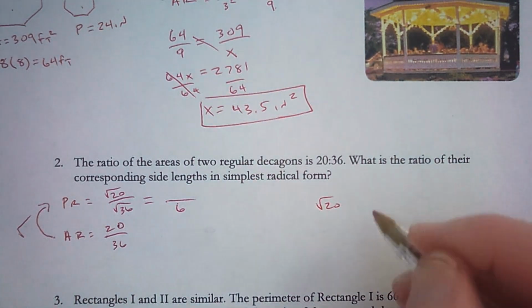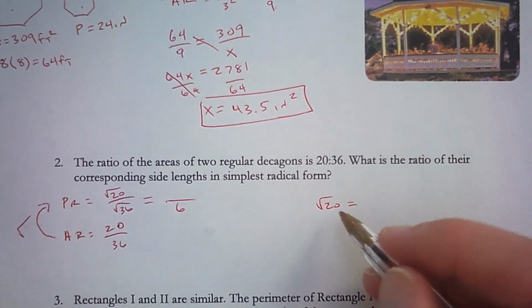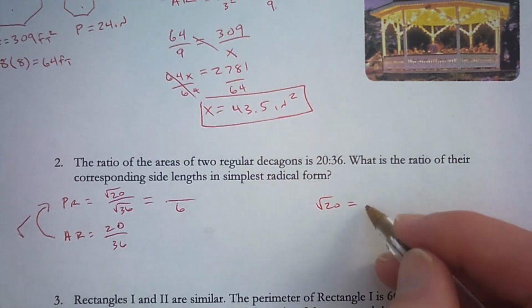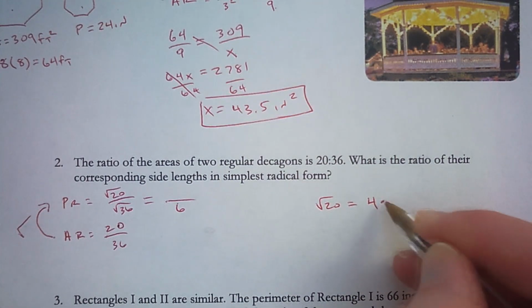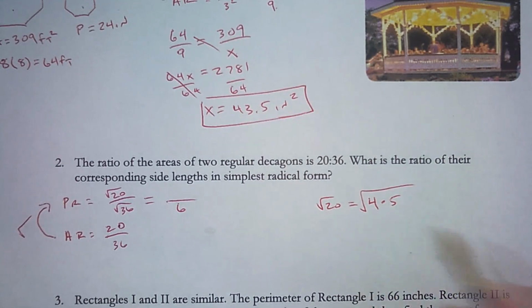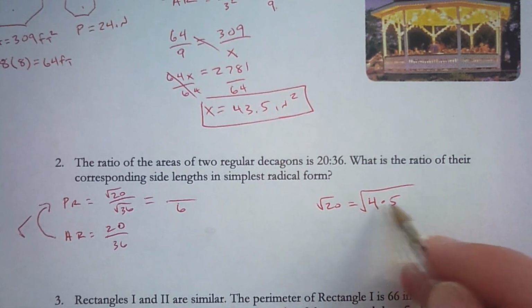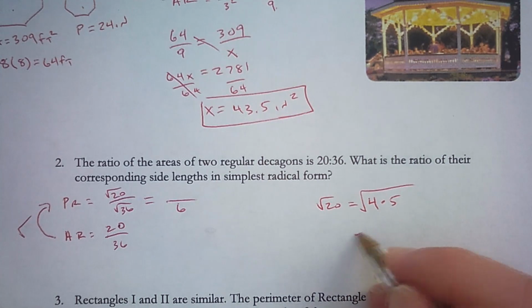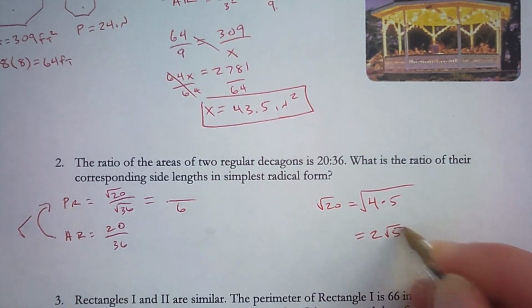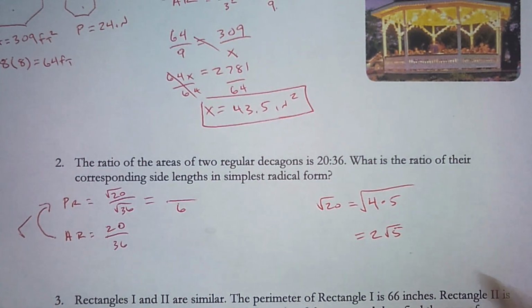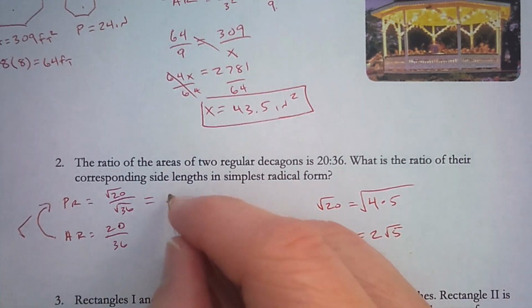The square root of 20, we need to simplify that. 4 is a square number that goes into 20. It goes in 5 times. So the square root of 20 is the same as the square root of 4 times 5. The square root of 4 is 2. So 2 times the square root of 5 is the simplified form.